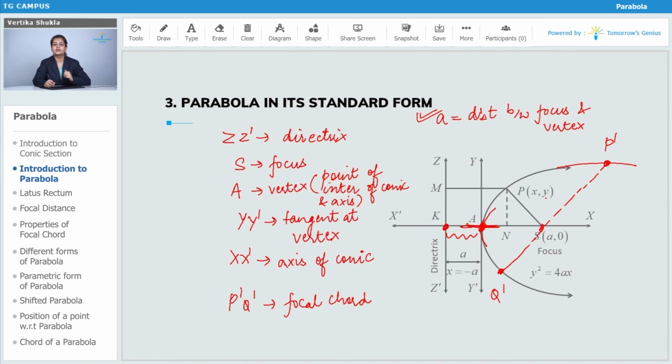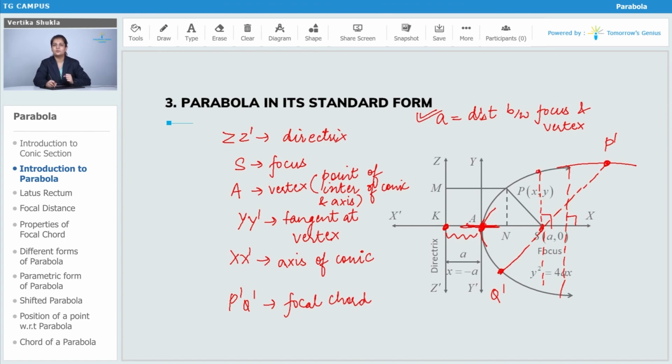Double ordinate. The next thing that we have to discuss is a double ordinate. What is a double ordinate? Any chord which is perpendicular to your axis. All these chords are perpendicular to axis. The chords that are perpendicular to the axis are known as your double ordinates.